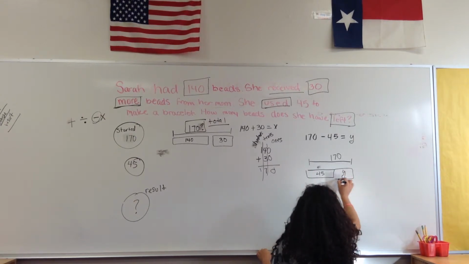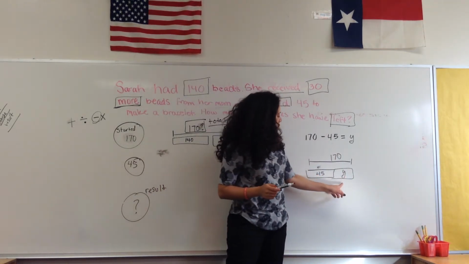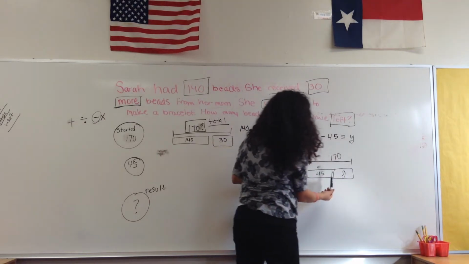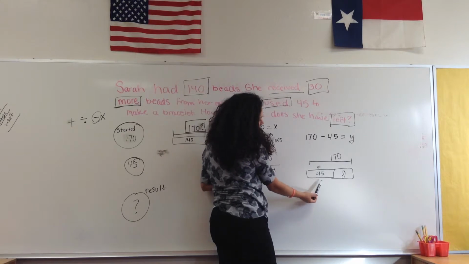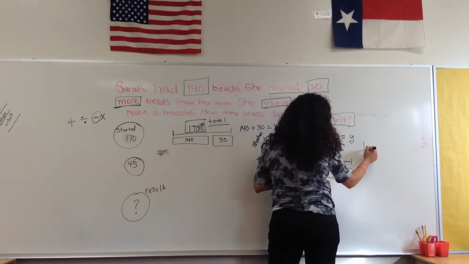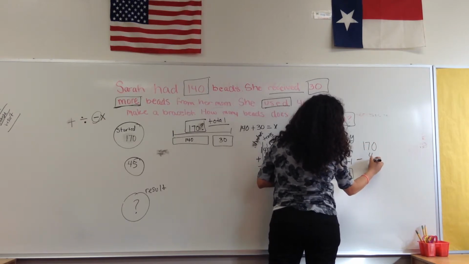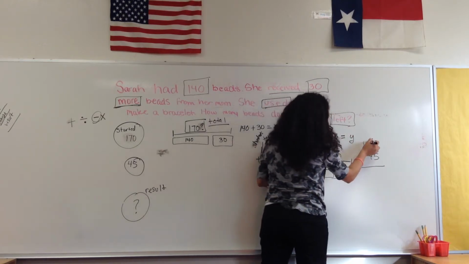Okay? So we need to figure out what number is going to be our result when we subtract 170 minus 45 equals our y. So let's set it up. 170 minus 45 equals, let's find out.